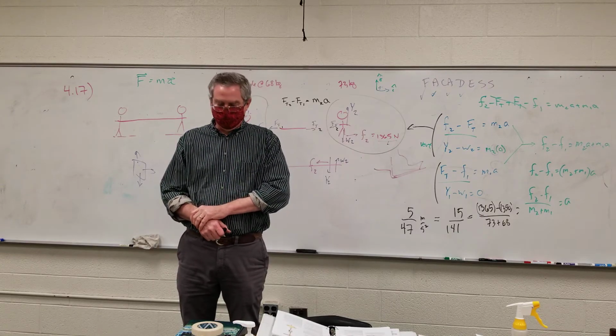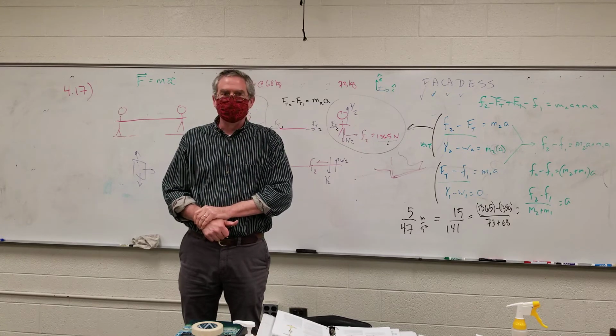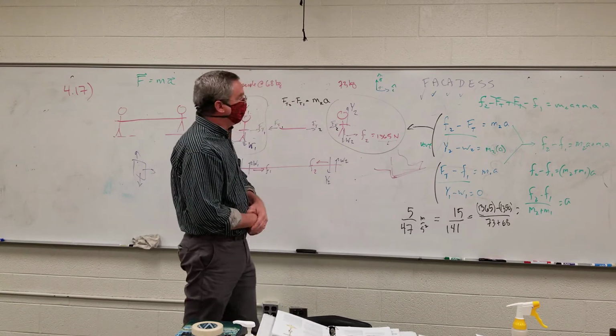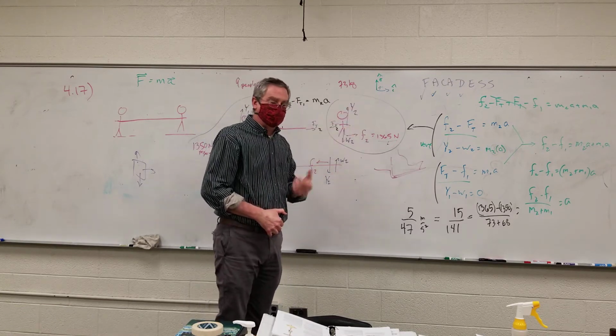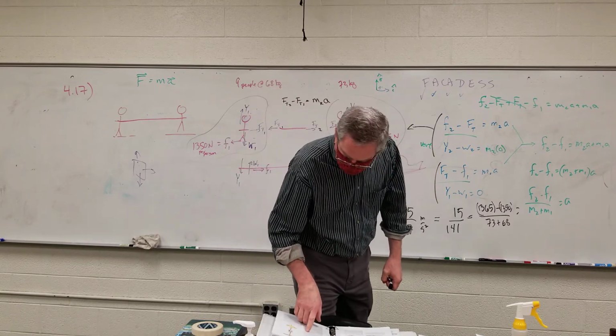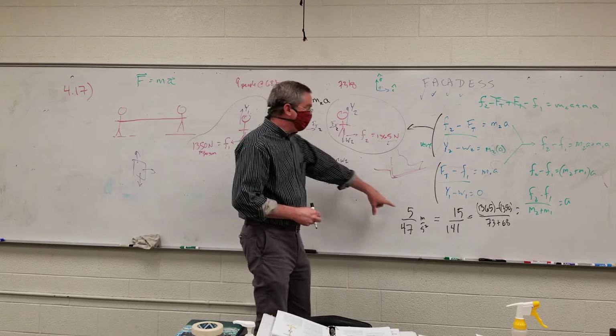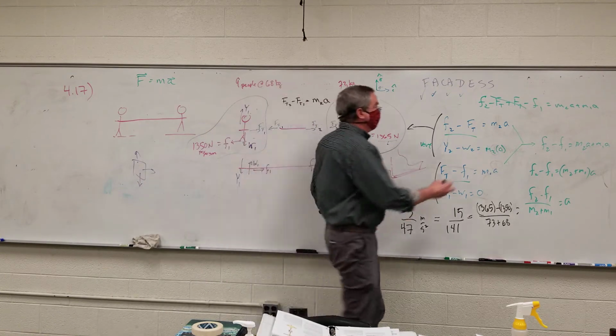And so if tensions cancel out in that, then how would we ever be able to find tension? Because now you look at the individual pieces of it. So in the second part, just double checking, what's the tension in the rope? Once I know the acceleration, I now know this.